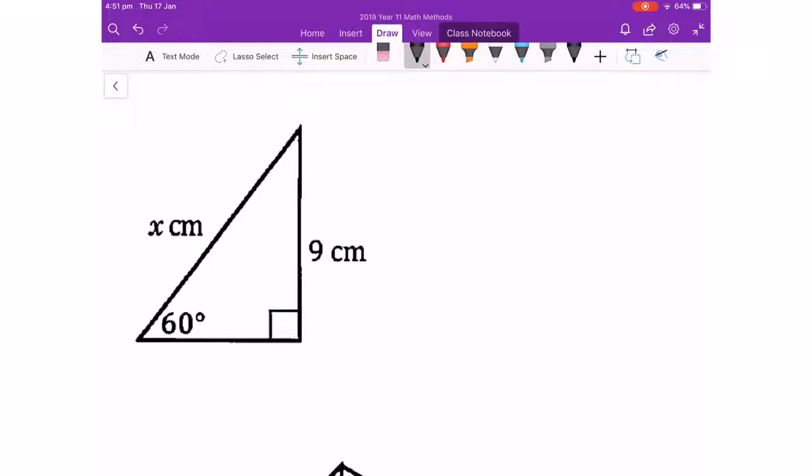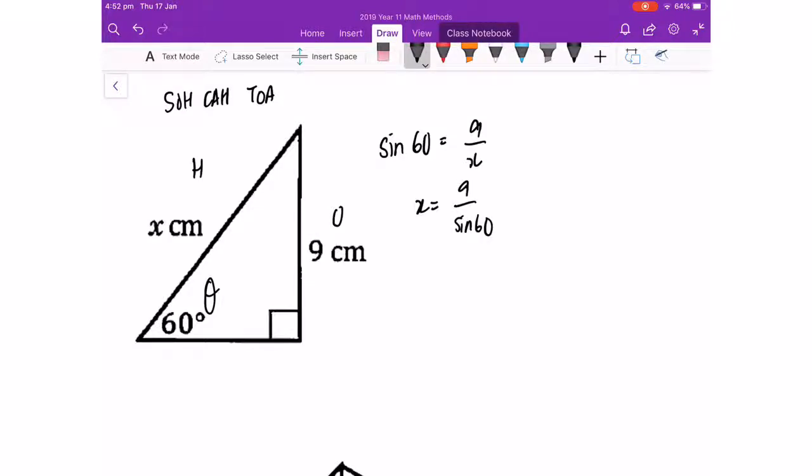So in this case, what I would do is, this is my theta, this is my opposite, this is my hypotenuse, and because it's SOHCAHTOA, I'd know straight away that it's sine. So I'd go sine 60 is equal to 9 over x. That's what you would normally do. Then you'd rearrange it, so you get 9 over sine 60, and I'd put that in my calculator and actually find that answer. But we're not doing that today.